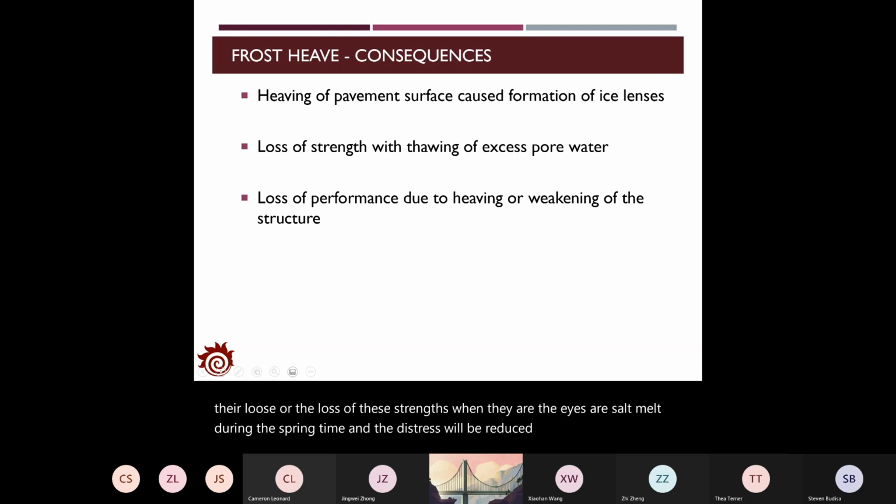And with the reduced support from the subgrade, the entire pavement structure becomes weaker, and it will easily develop distresses such as longitudinal and transverse cracking and potholes and so on.